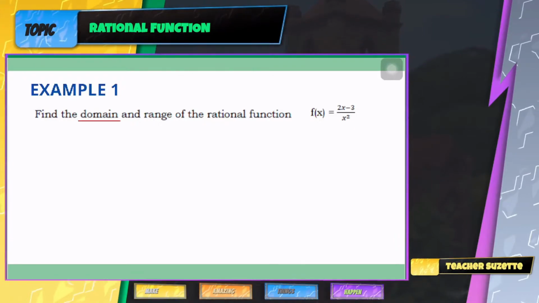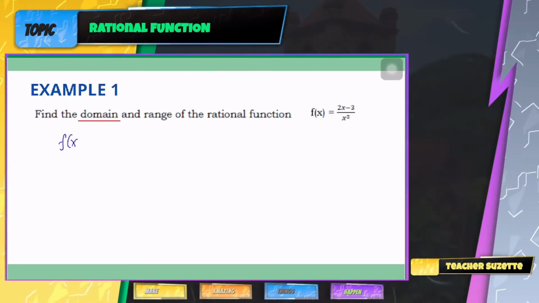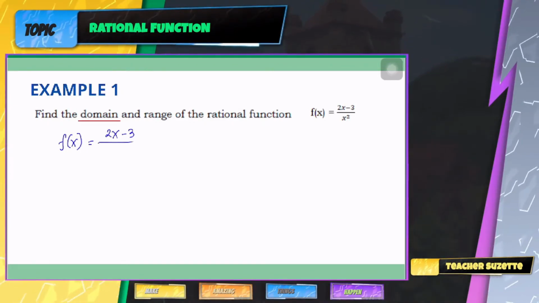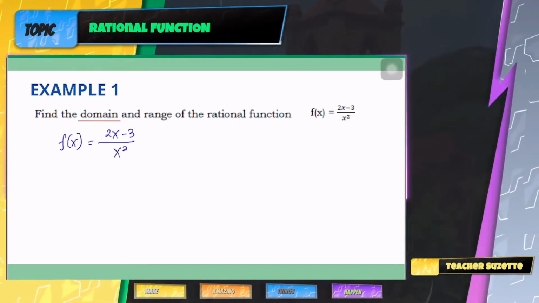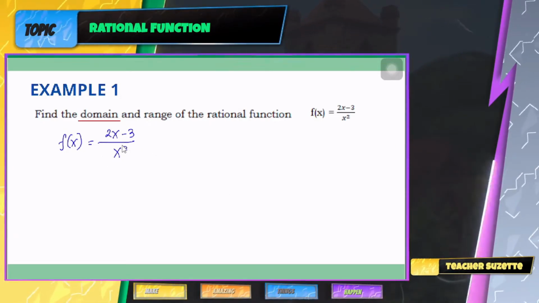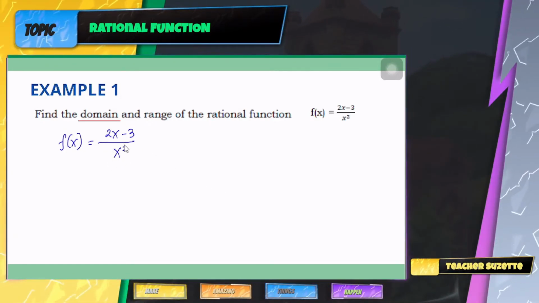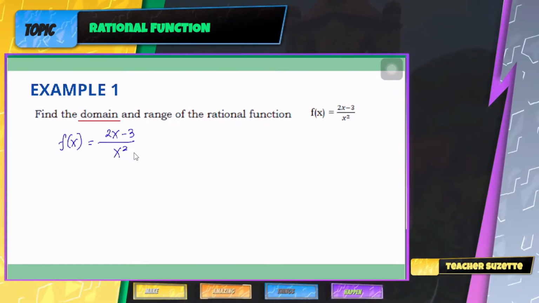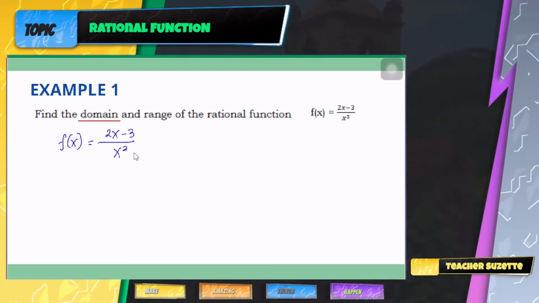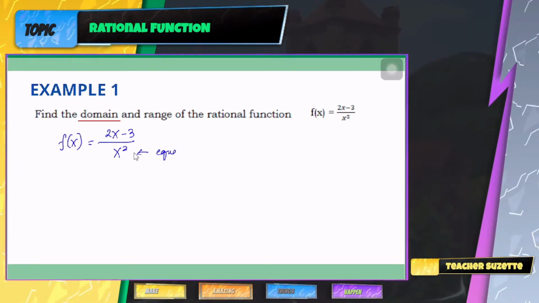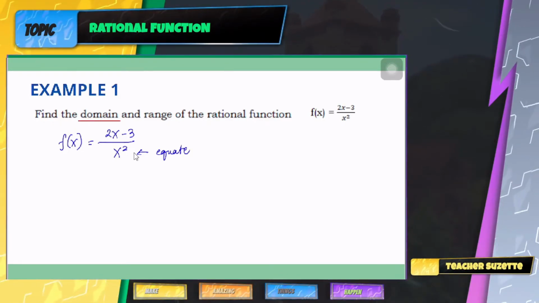We have the function f of x equal to 2x minus 3 all over x squared. When you say domain, your primary concern is that the denominator should not be equal to 0. So to find the domain of a rational function, we equate the denominator to 0.